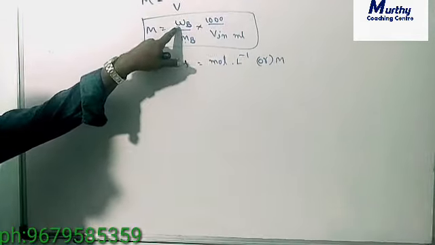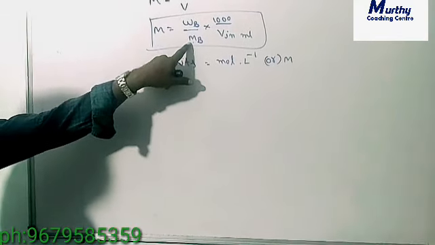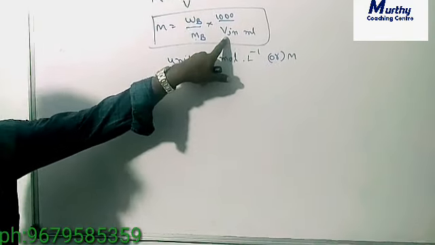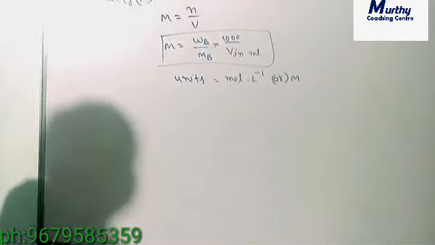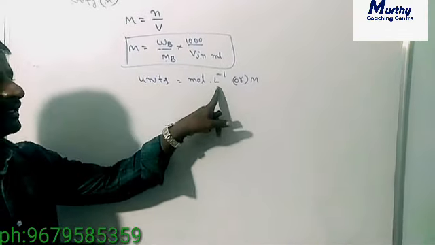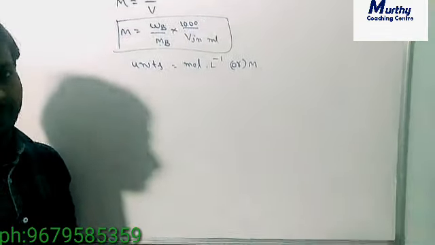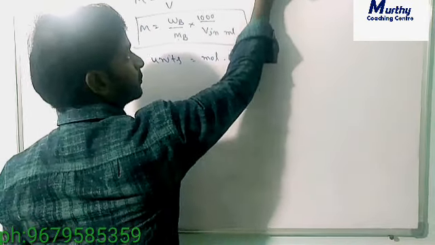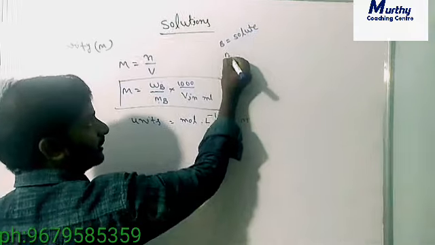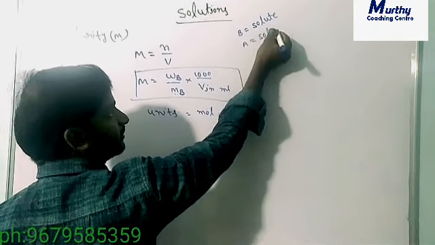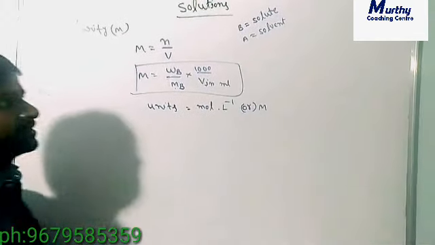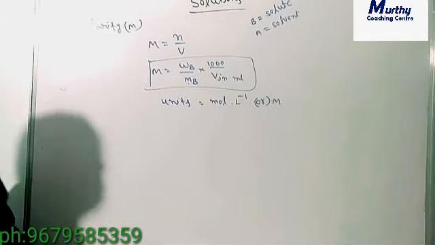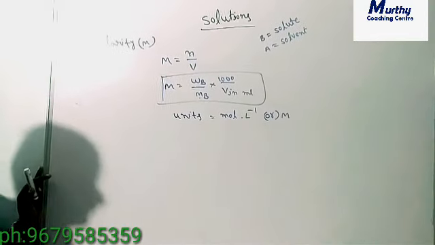Every time, B is the solute and A is the solvent, as a general representation. This is one of the concentration terms, molarity.